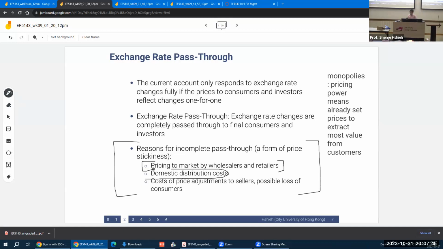Another reason why there might be incomplete pass-through is domestic distribution costs. The example I can best think of is plutonium, weapons.